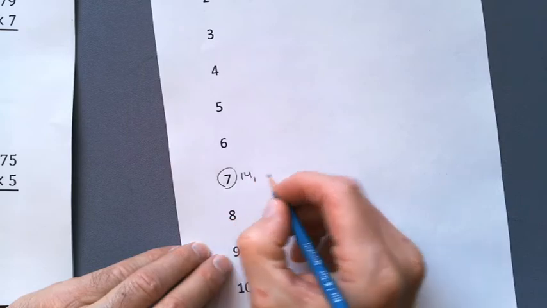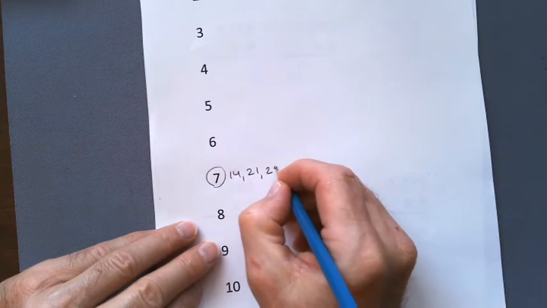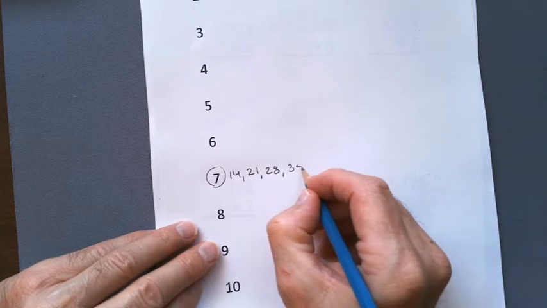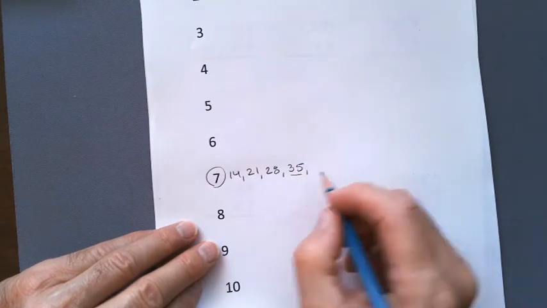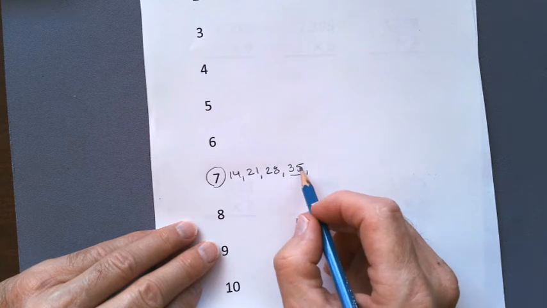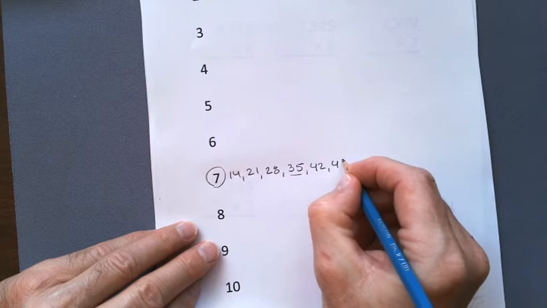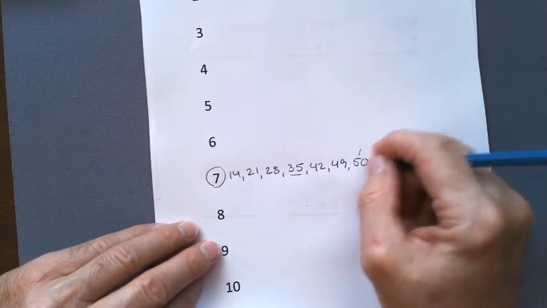7, 14, 21, 28, 35. This is 5 times 7 right there. So you should come with a 0 or a 5 by the time you get over here. 42, 49, 56.